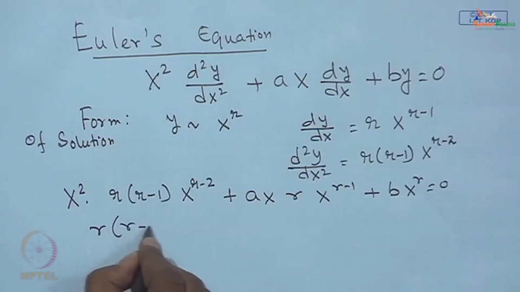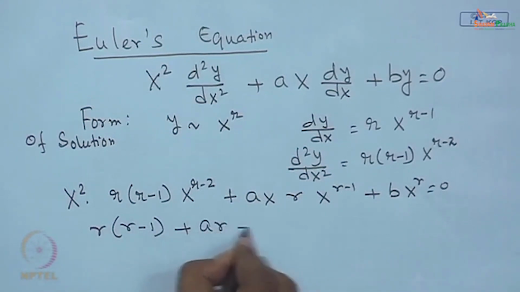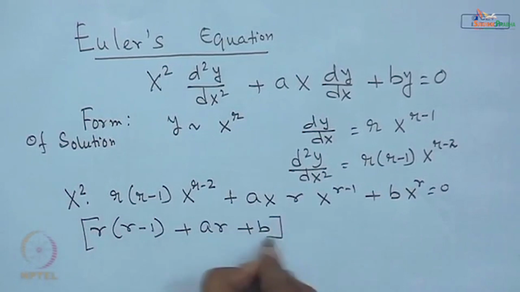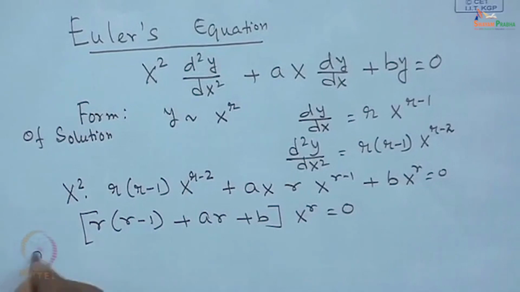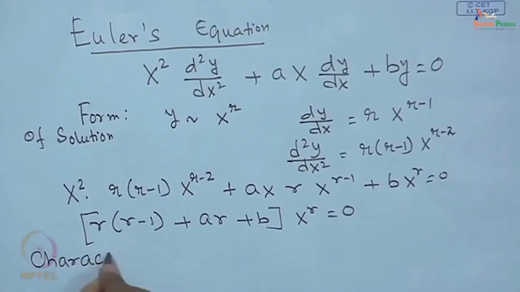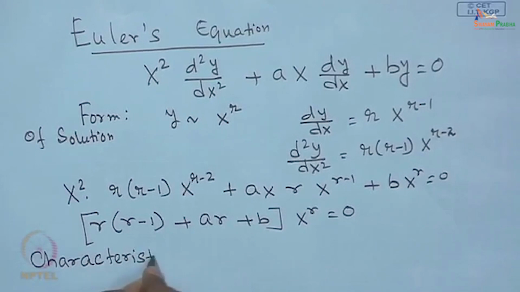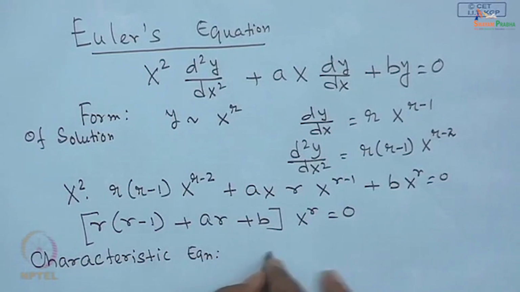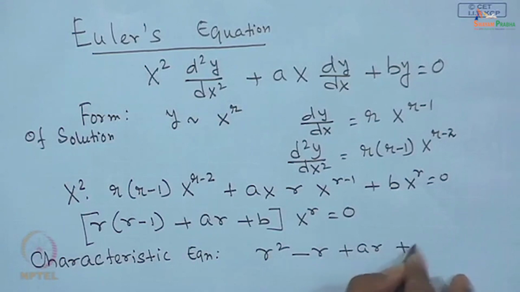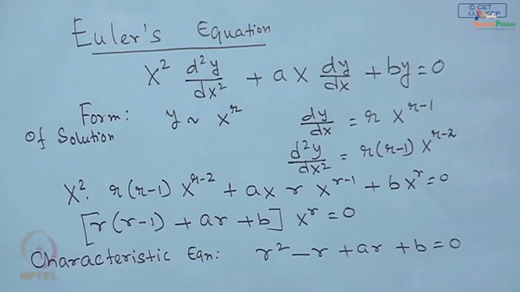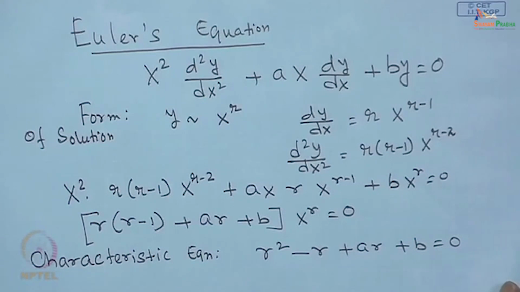So, this becomes r into r minus 1 plus a r plus b multiplied by x to the power r is equal to 0. So, the characteristic equation we get is r square minus r plus a r plus b is equal to 0. It is a quadratic in r. So, therefore, there are two roots, and each root corresponds to a solution.